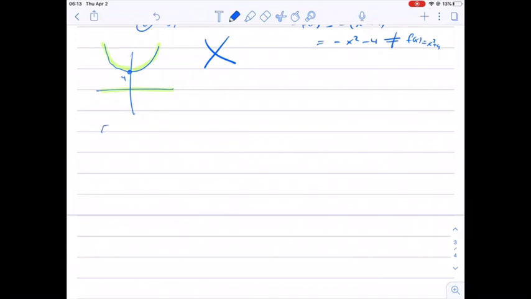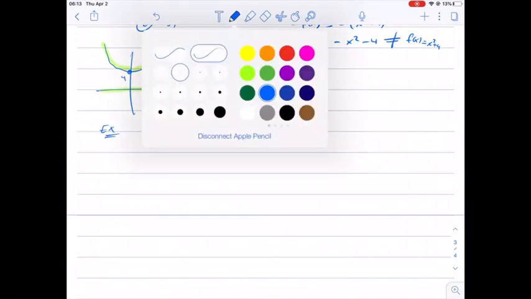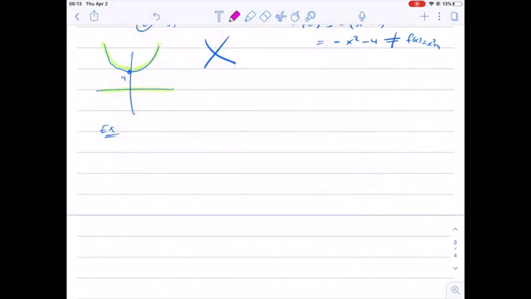Now let's take other examples. Let me use x equals y squared minus 3. Let's study the symmetry with respect to the y-axis.